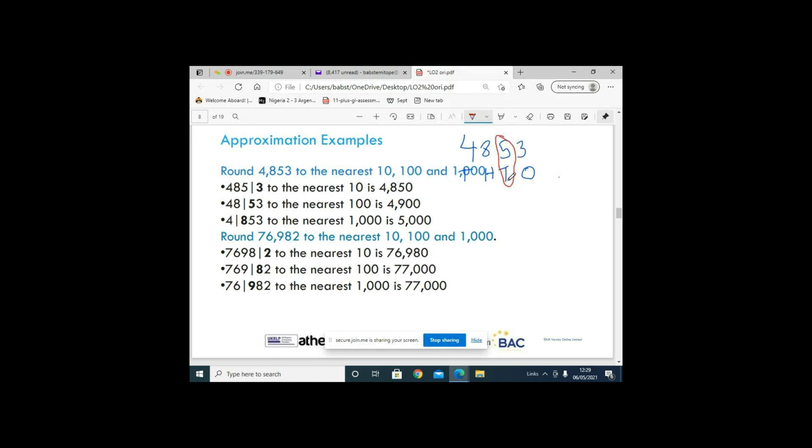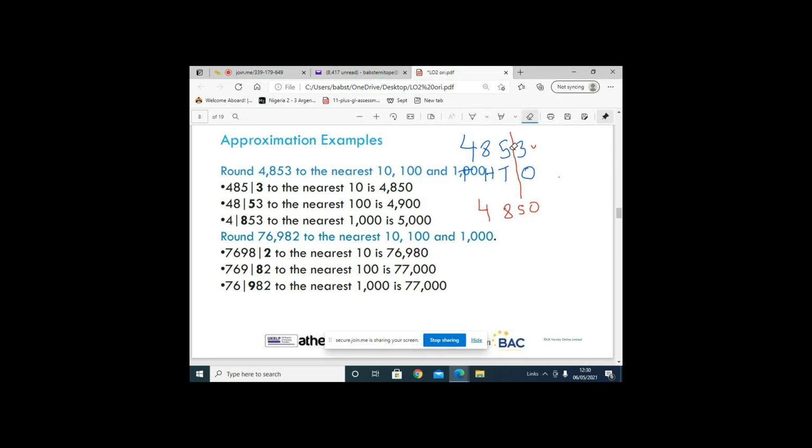So what you need to do is check the number after the 10th value. You put a line there. You get it? So you now check this number. Is this number more than 5 or less than 5? Less than 5. So when it's less than 5, that number turns to 0. So the answer is going to be 4,850.